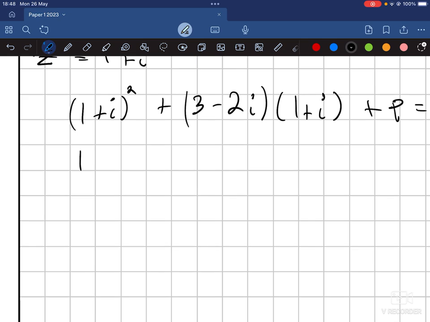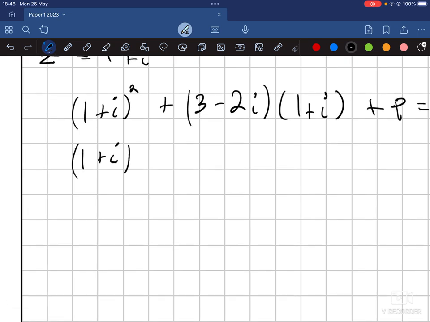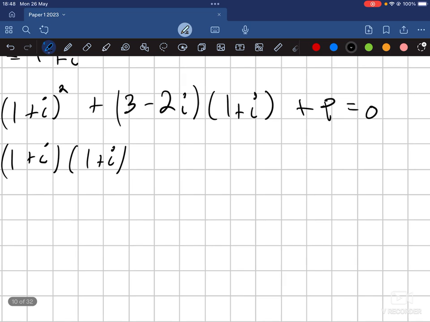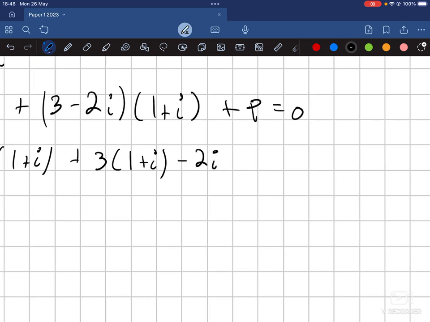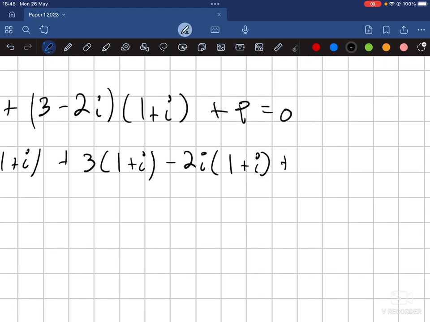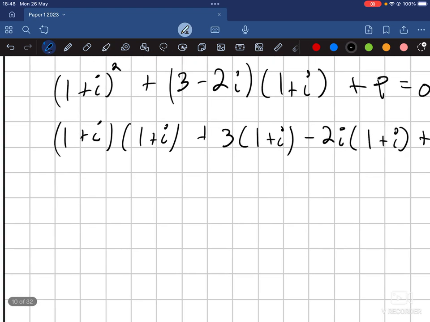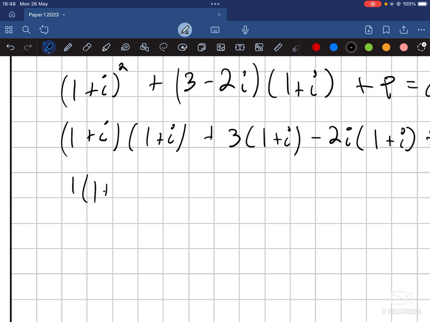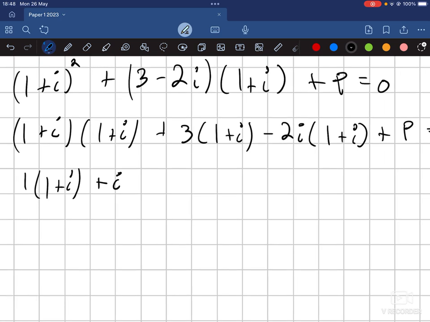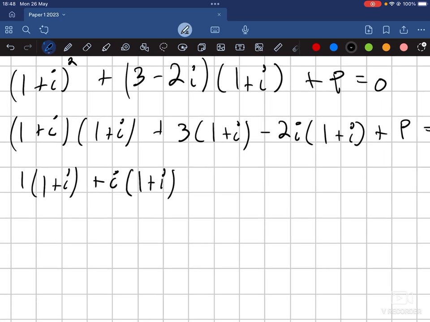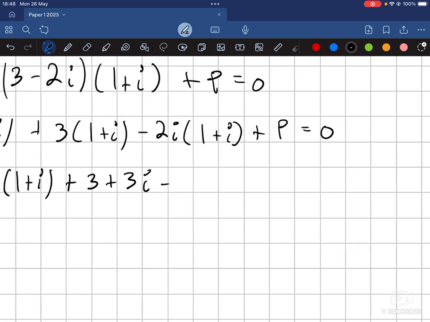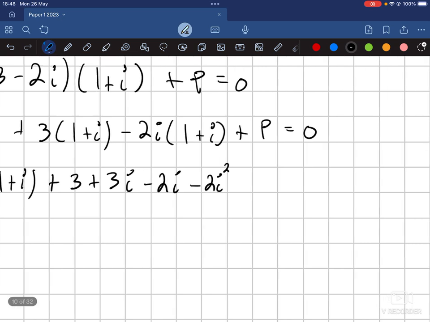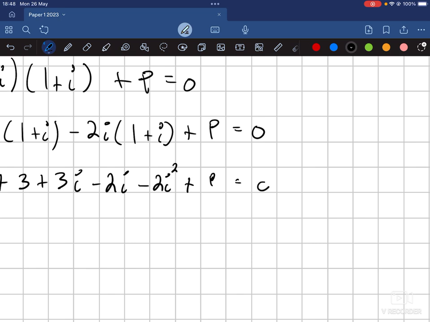Now let's multiply this out. So we get (1 plus i) times (1 plus i), plus 3 by (1 plus i), minus 2i by (1 plus i), plus p equals 0. And then 1 by 1 plus i by 1 plus i, plus 3 plus 3i minus 2i squared, 2i by i, plus p equals 0.